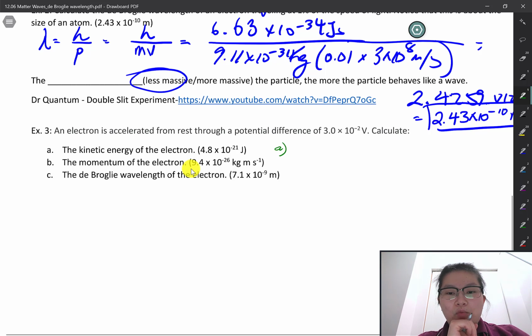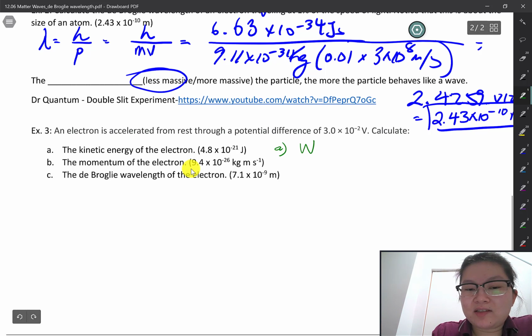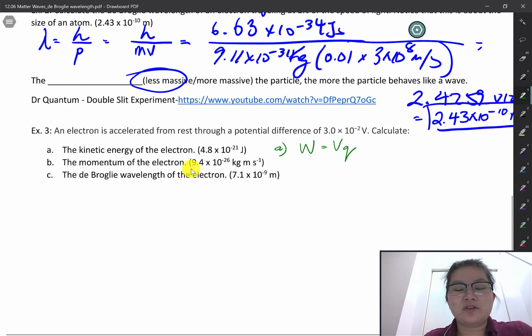If it's accelerated from rest, then whatever potential energy it loses from going through the potential difference will be converted directly into kinetic energy. So the work that this potential difference does is equal to the potential difference times the charge of an electron. And this work that is being done is going to get converted into the kinetic energy of this electron.